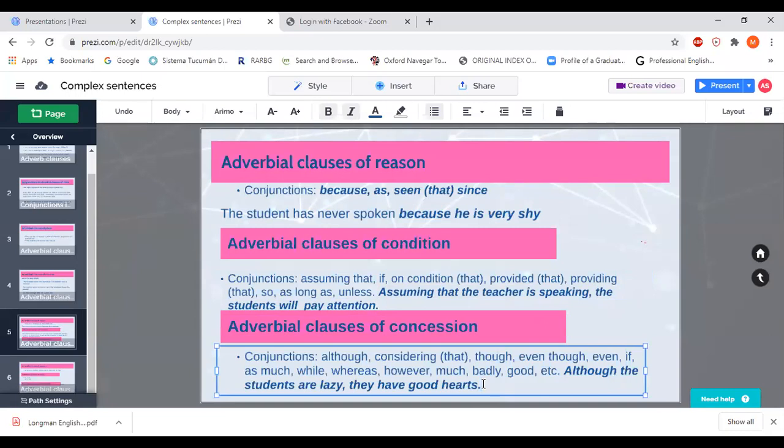Mister, yes? Could it be, although I don't like his manners, I respect his character? Yes, very good. Okay. Any other? Would it be, although it is a national holiday, the responsible students are participating in the grammar class?